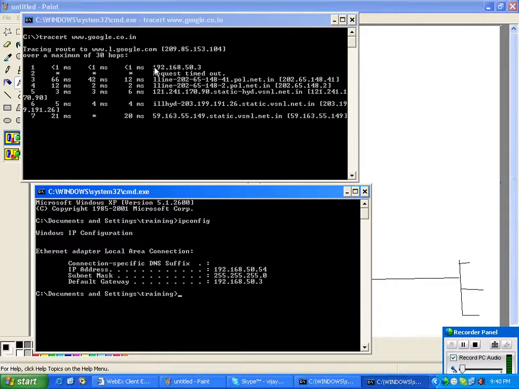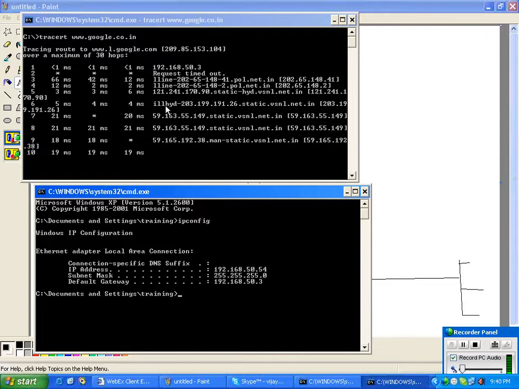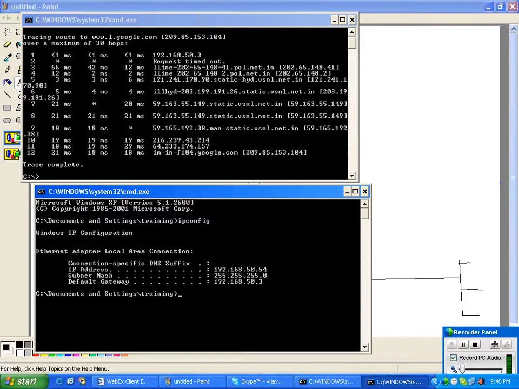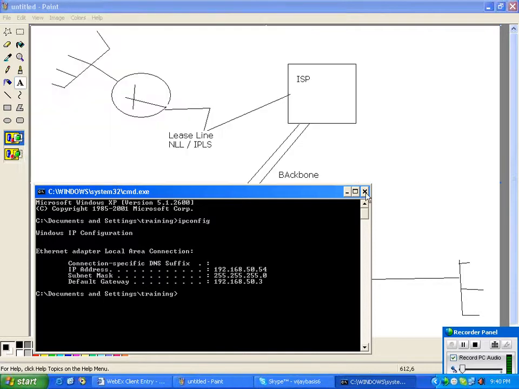So what is my gateway here? 192.168.50.3. Then the first connection goes to 192.168.50.3. Again, see, these are all intermediate nodes, intermediate ISP offices or intermediate routers, and finally I will reach Google.com. This is an IP address. So it passes through all these nodes. These are called intermediate nodes. My computer signal is reaching different ISP offices and different routers to reach Google.com.